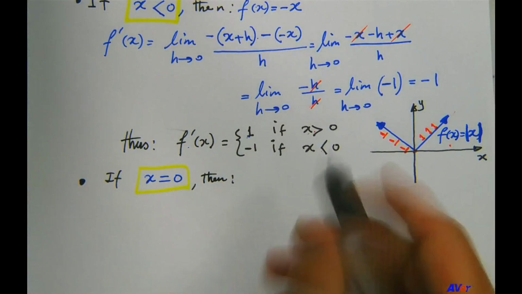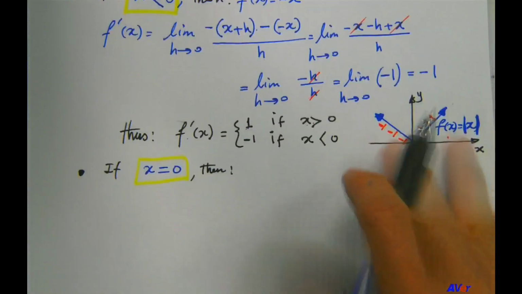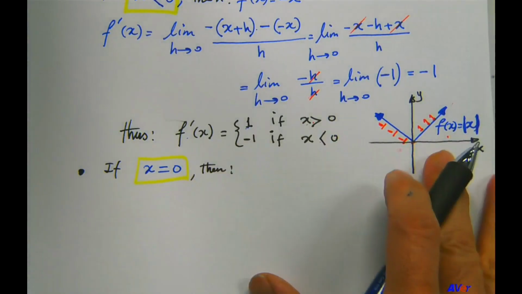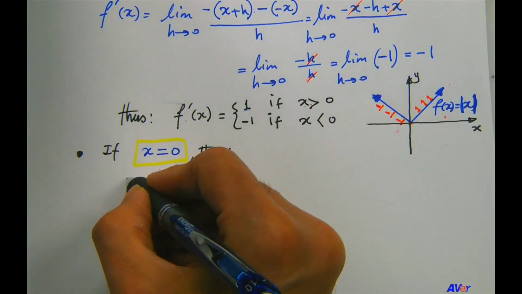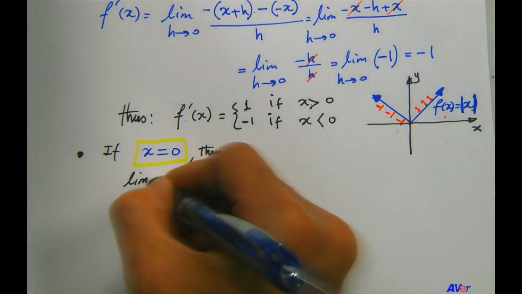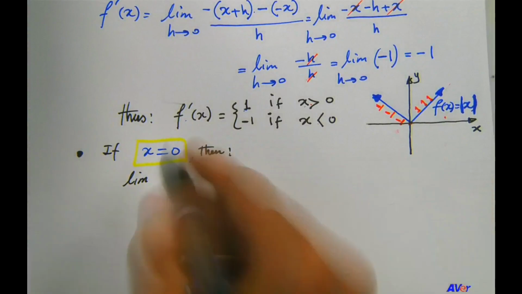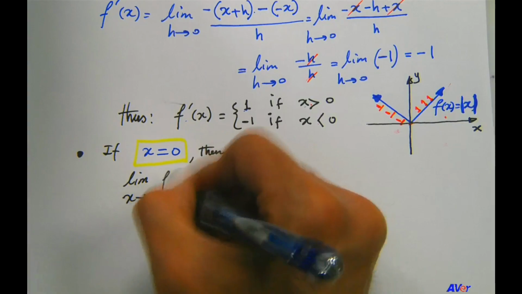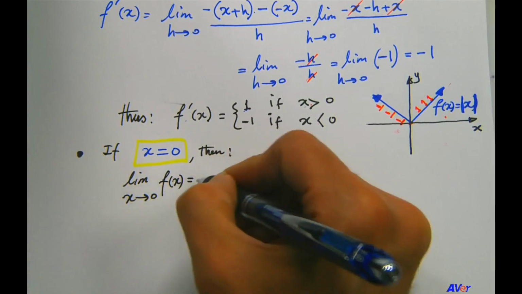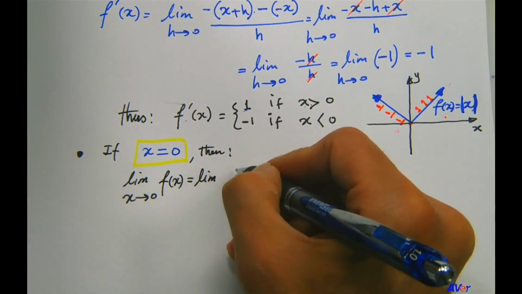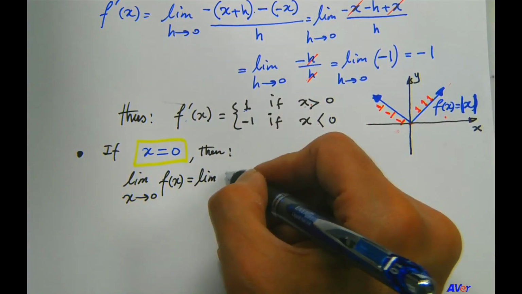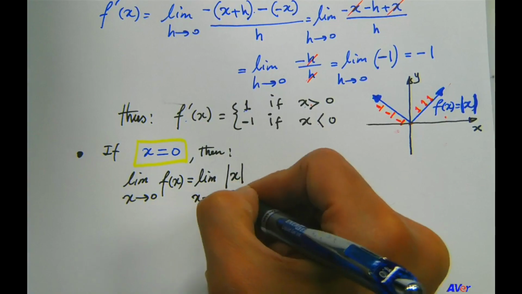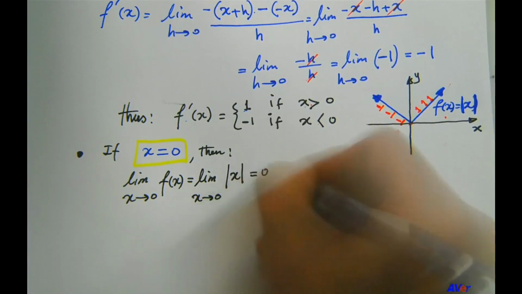Right? So at x equals 0, we have the limit of f of x as x approaches 0, which equals the limit of the absolute value function as x approaches 0, which equals 0, right?